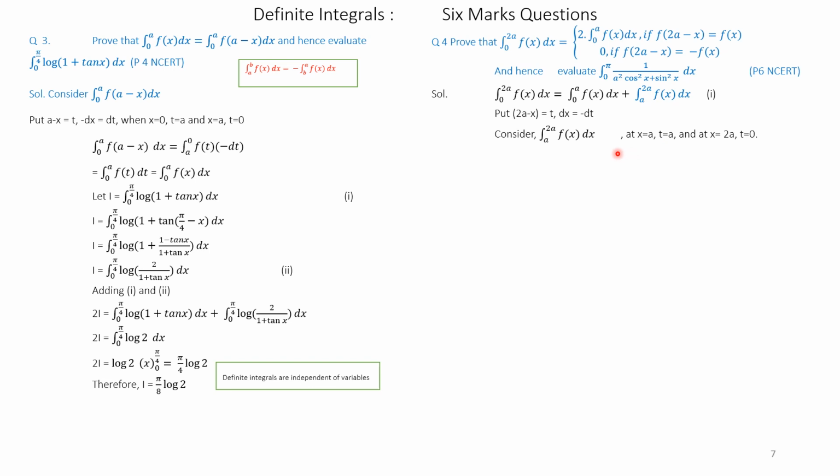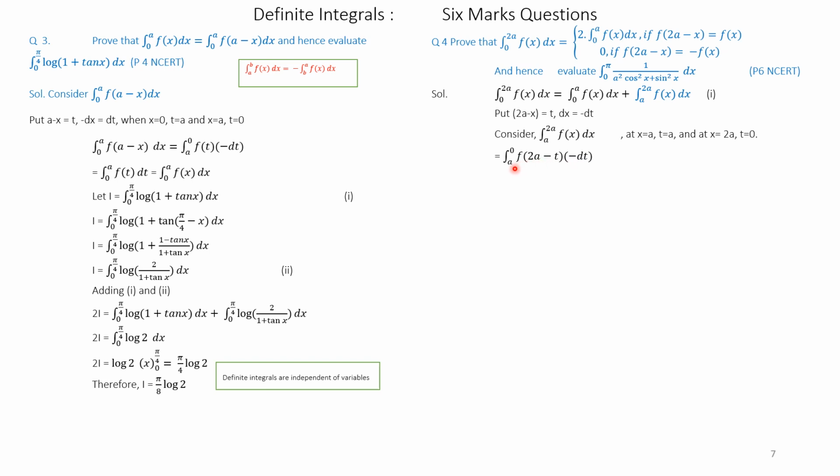Here, when x is equal to a, t is equal to a, that is 2a minus a is a. And when x is equal to 2a, the upper limit, 2a minus 2a is 0. Therefore, that becomes a to 0.